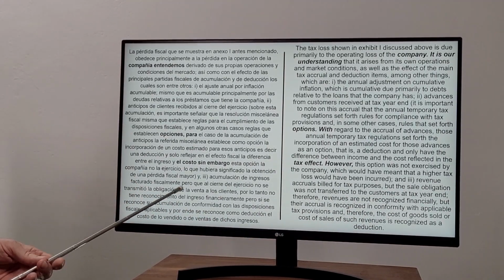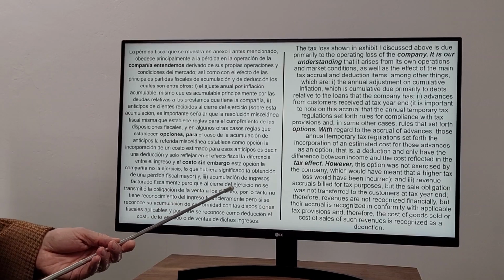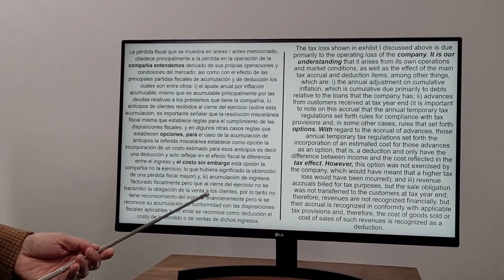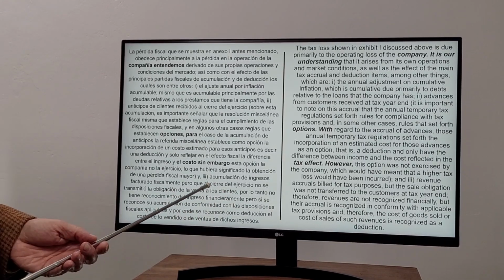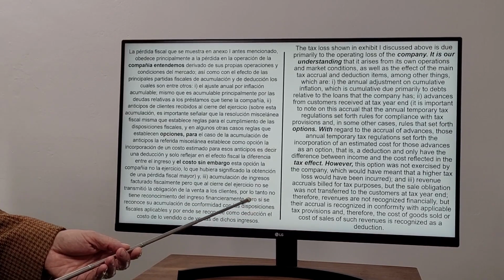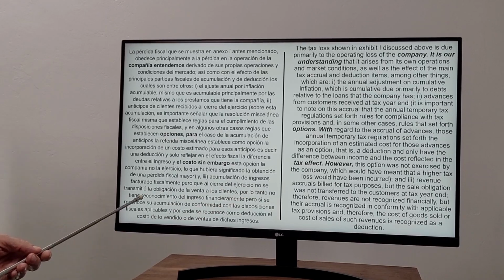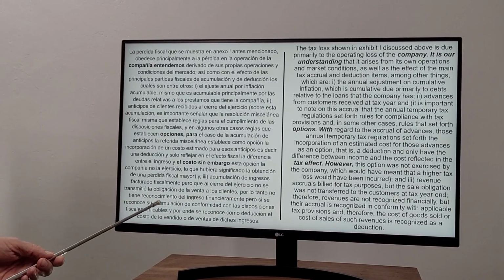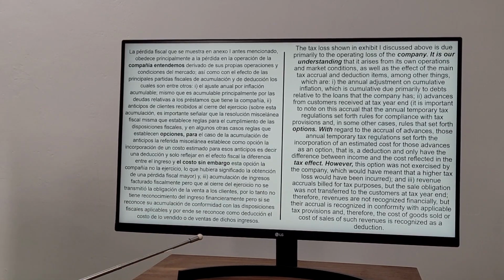And in Spanish, it says, okay, por lo tanto, here's our comma in Spanish. Por lo tanto, no more punctuation. And then it says, no tiene reconocimiento del ingreso financieramente hablando.